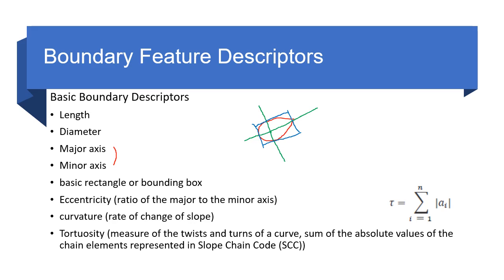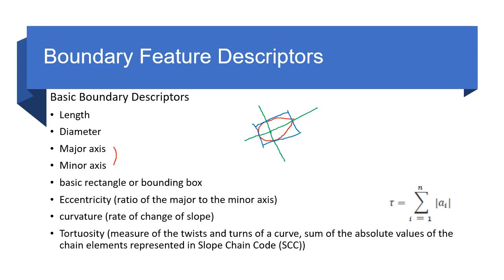If the objects are polygons, or we could approximate the object with polygons, then we could use curvature to describe the shape of the object. The curvature is the rate of change of slope. It is almost like a chain code, but we measure the change of the slope, not encoded using numbers 0, 1, and so on.